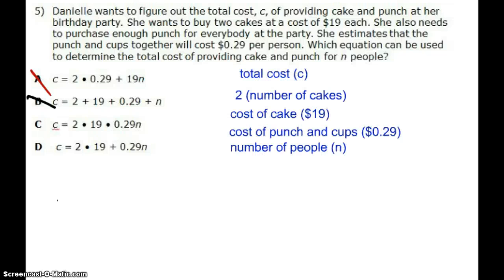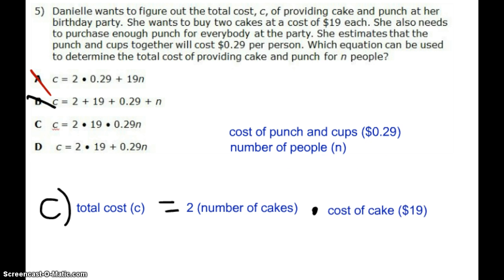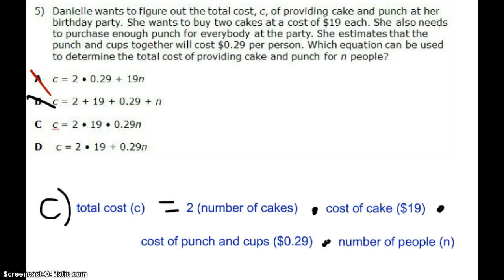So then let's look at C. C equals, so the total cost equals 2 number of cakes times 19. Alright, this is looking a little more promising. Times 29 cents, and then times N number of people.